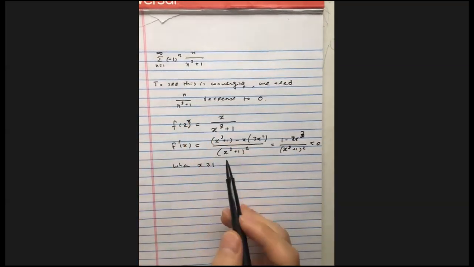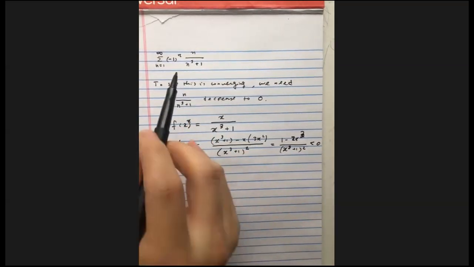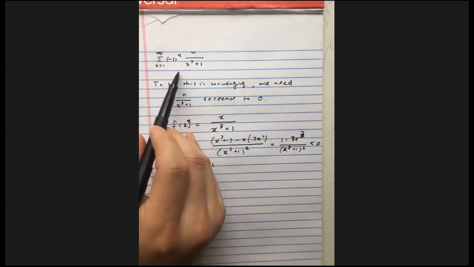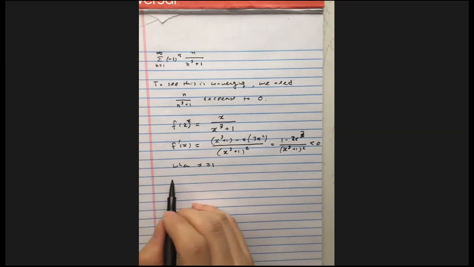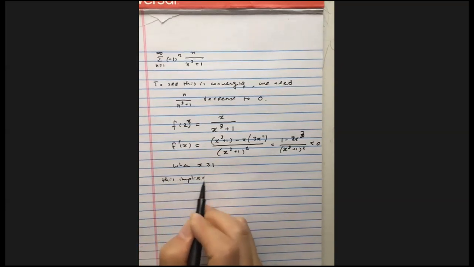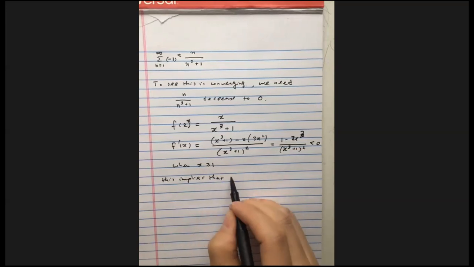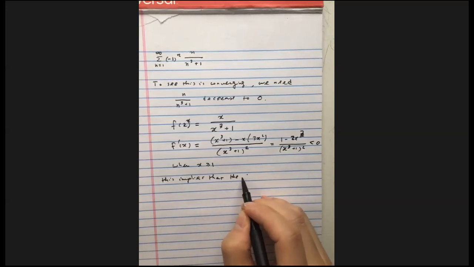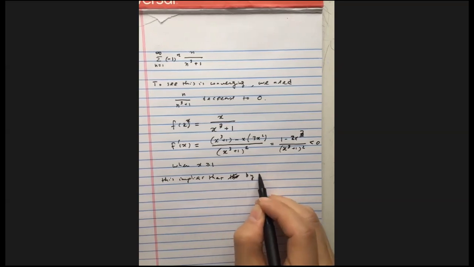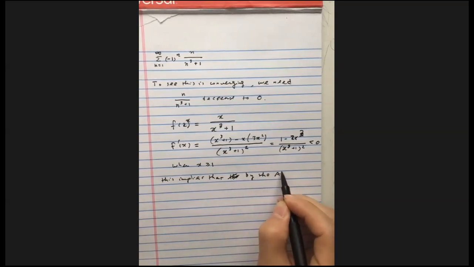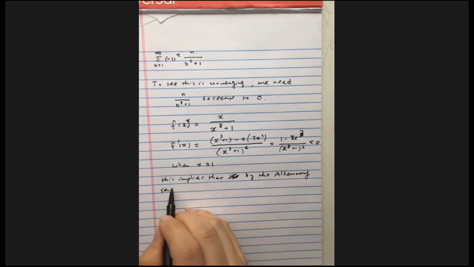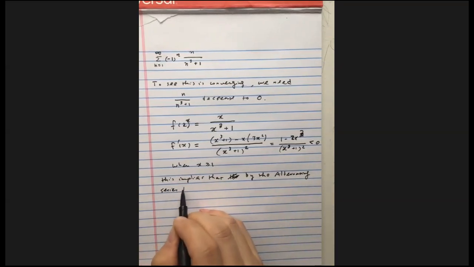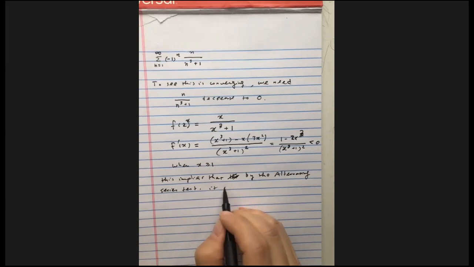So because these two conditions are met, that means this alternating series is converging by the alternating series test. This implies that by the alternating series test, it converges.